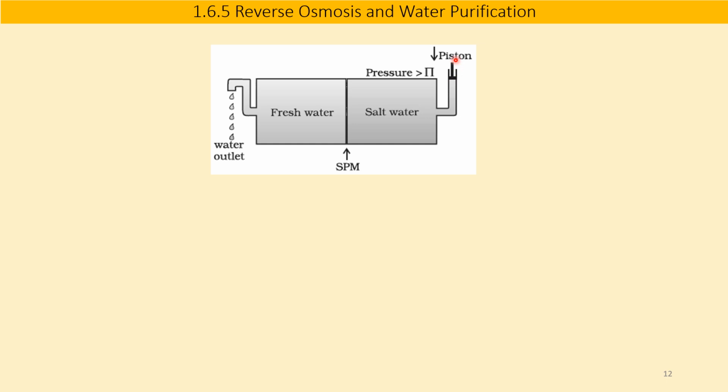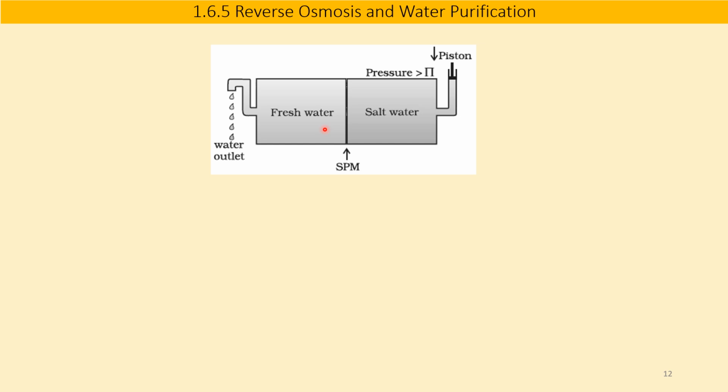Here on the right hand side, the piston applies a pressure greater than the osmotic pressure. That is, now the pure solvent flows out of solution through the semi-permeable membrane. So when we put salt water here, pure water comes out of the semi-permeable membrane. This phenomenon is called reverse osmosis and is of great practical utility.